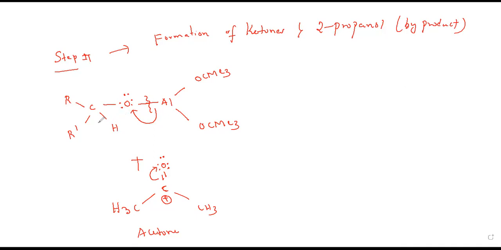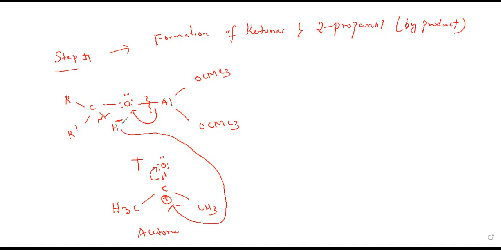Similarly, if I break the bond between carbon and hydrogen, the electrons will be taken up by the hydrogen atom, and this hydrogen will get a negative charge. This negatively charged hydrogen will migrate towards the positively charged carbon. Therefore, this carbon can form a new sigma bond with this hydrogen.